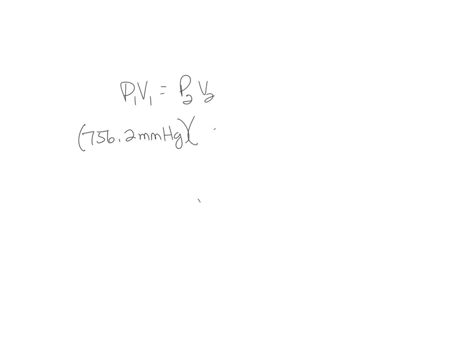Your V1 is 120 mL. Your P2 is at STP, so this is going to be 760 mmHg. And then your V2 is what you solve for. And that is how you do the second problem.